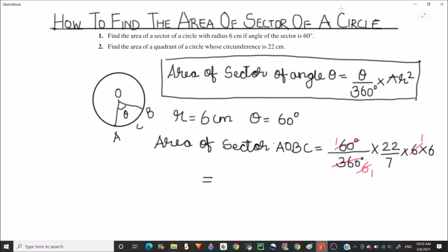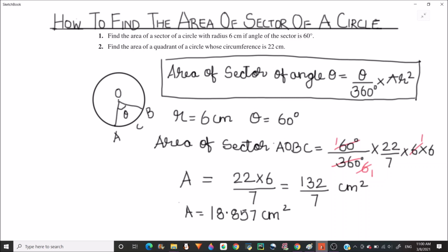So we are left with 22 times 6 over 7, which is equal to 22 times 6 is 132 over 7. And as it is an area, so the unit will be centimeter square. So after calculation, this comes out to be 18.857 centimeter square. So this is our final answer.